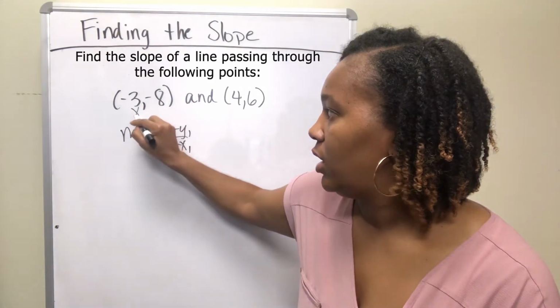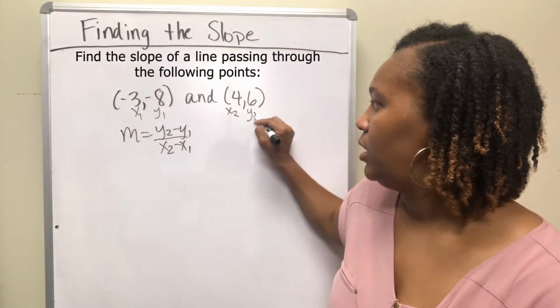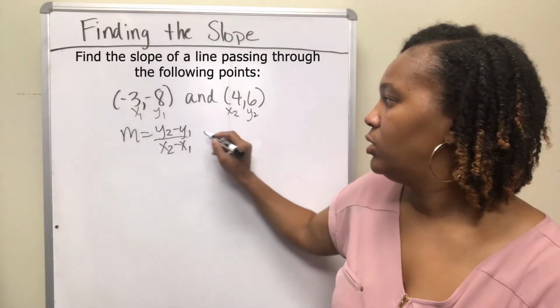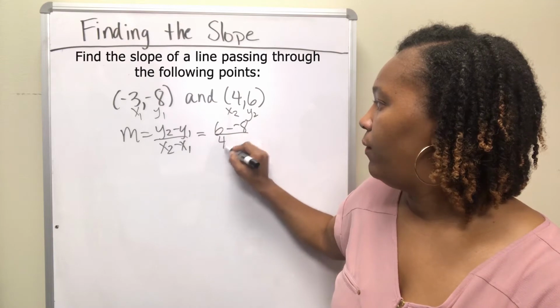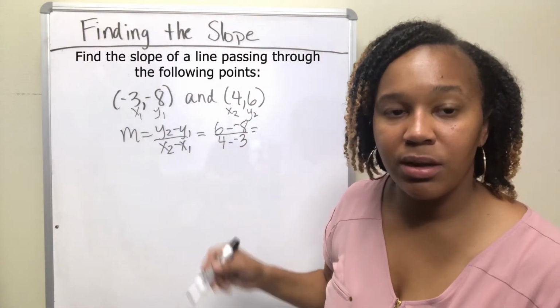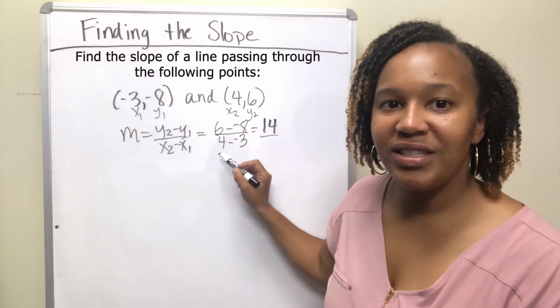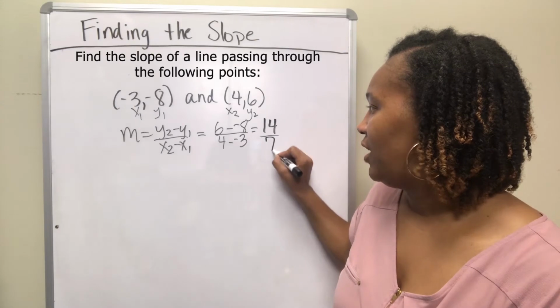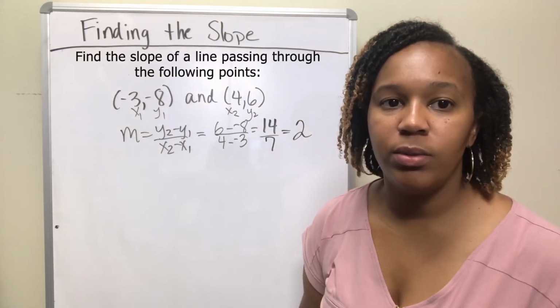You can just subtract the difference between those, or you can label these as x1, y1, x2, y2 and plug them in. So it'll be 6 minus negative 8 over 4 minus negative 3. 2 negatives, the minus and negative becomes a positive, so this is 6 plus 8, which is 14, and this is 4 plus 3, which is 7. 14 divided by 7 is 2, so you end up with the slope of 2.